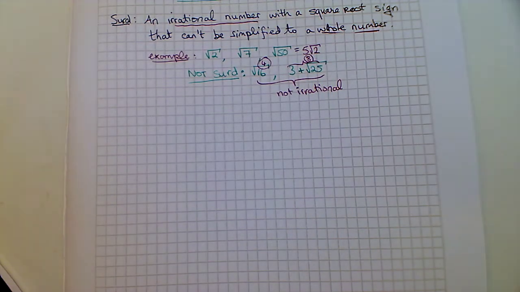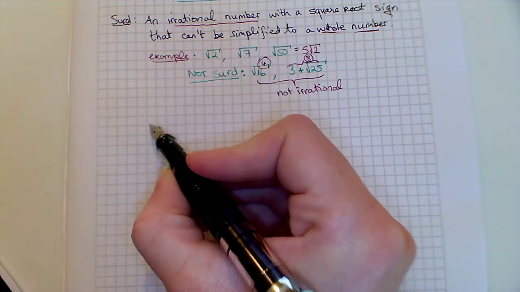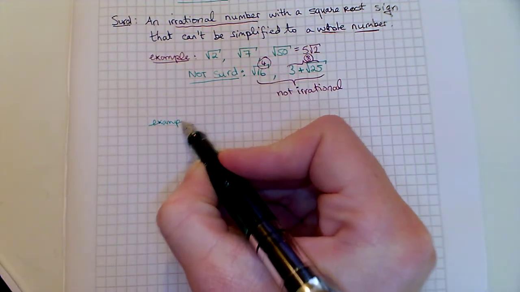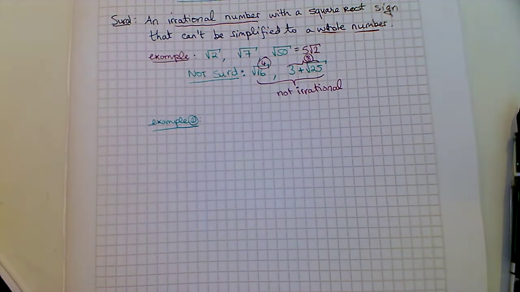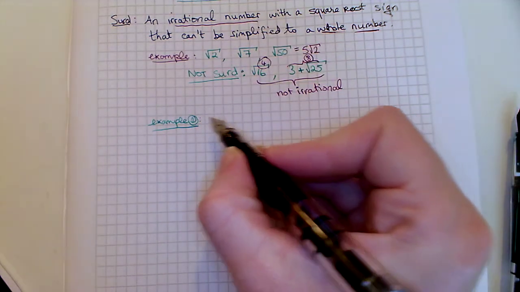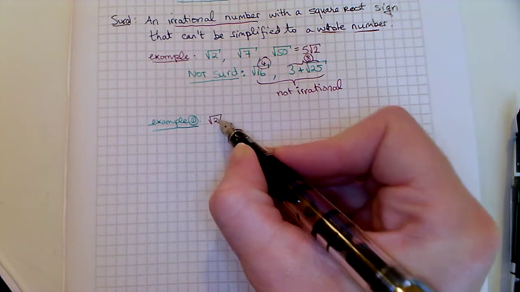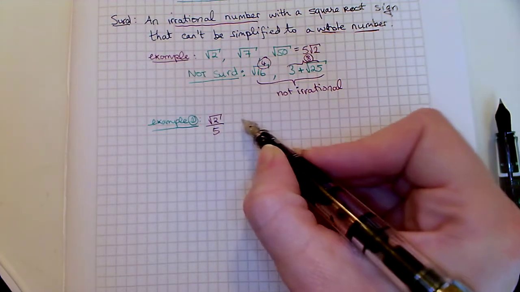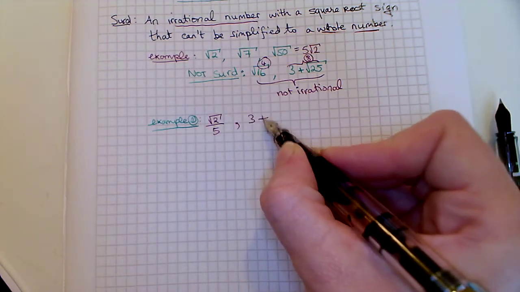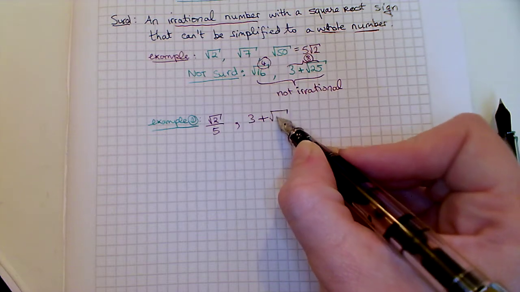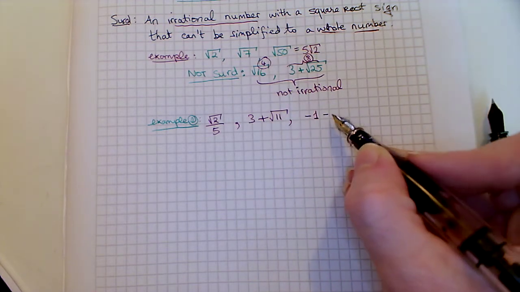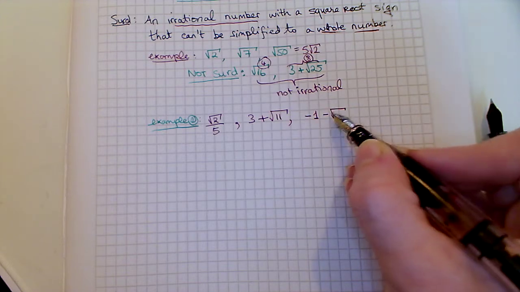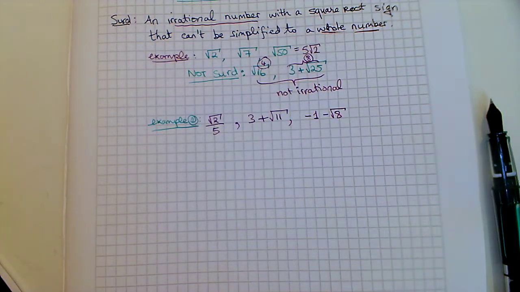Okay, some things that are surds that you mightn't expect. So further examples of surds would be, for example, the square root of 2 divided by 5, 3 plus the square root of 11, minus 1 take away the square root of 8. Why?